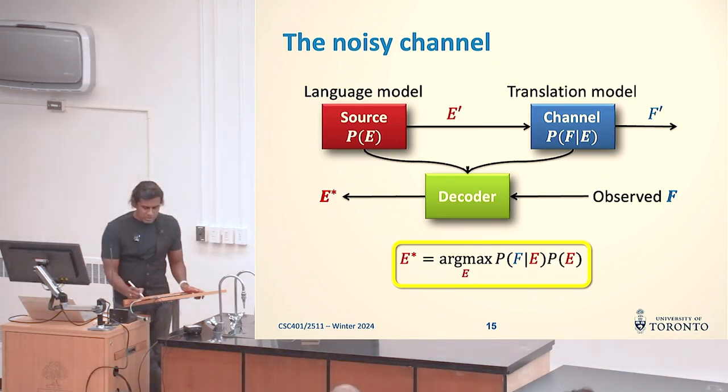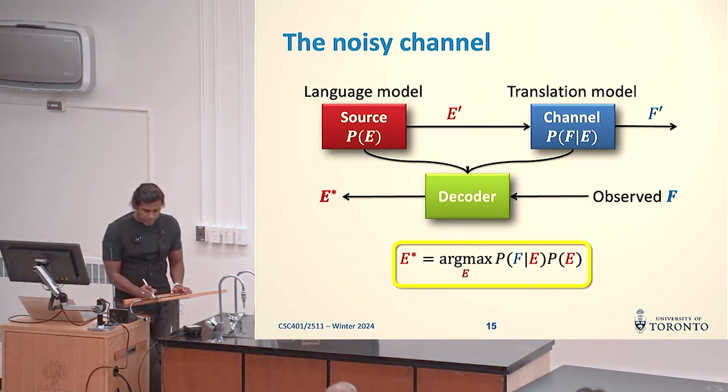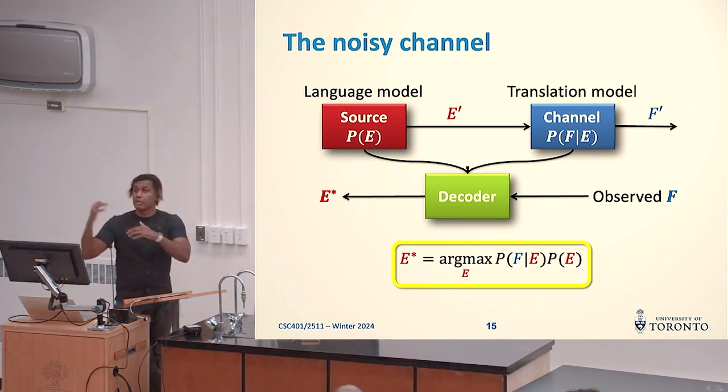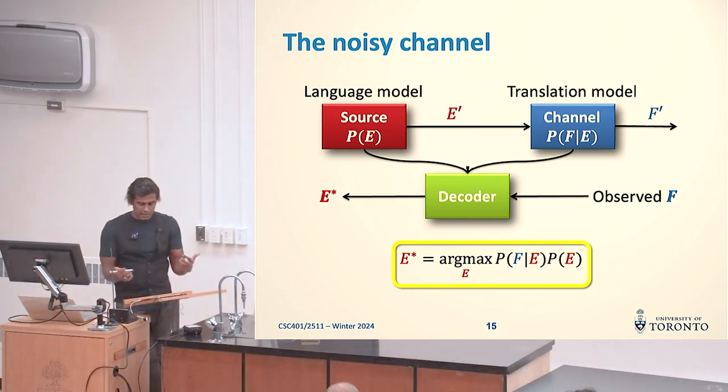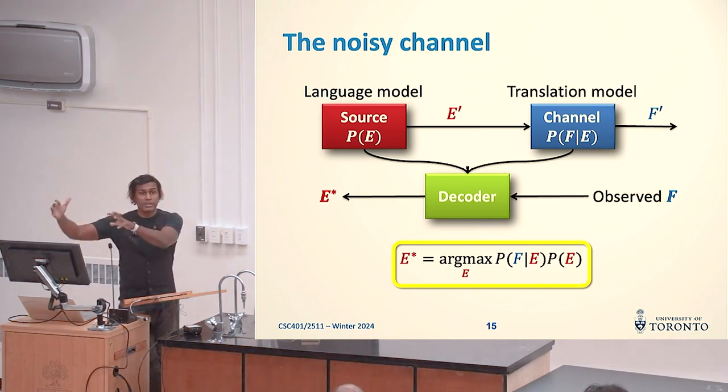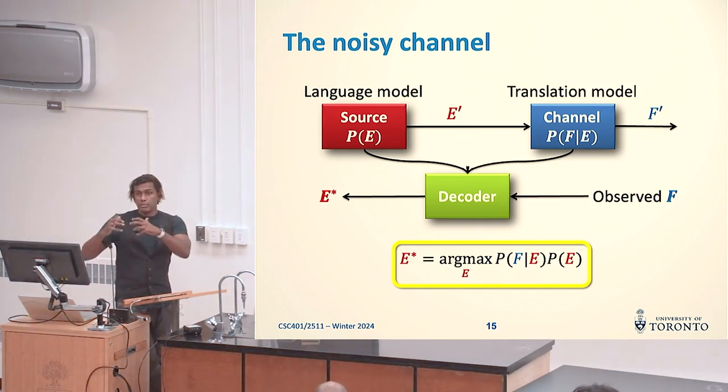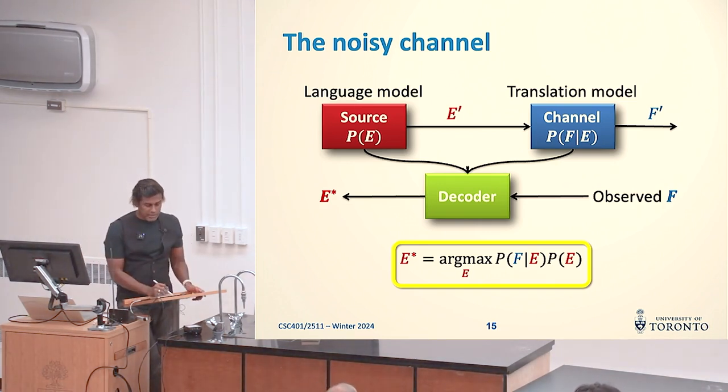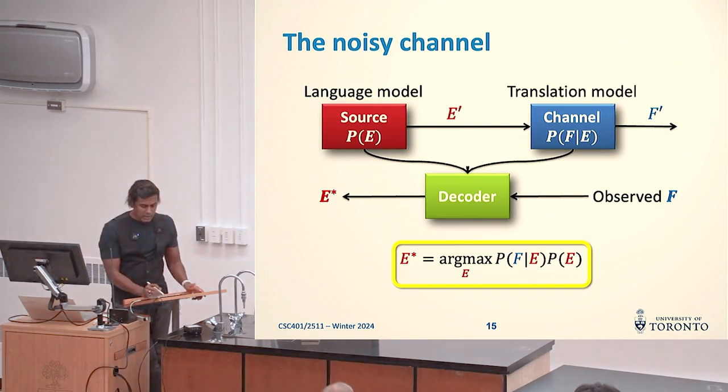By doing this Bayesian formulation, what we essentially did was introduce a decoder in the process. The observed F, or the noisy version, goes through a decoder that decodes it into our target language. In order to have a decoder, we need two models: the target language model, the language model of English, and a translation model, P of F given E.